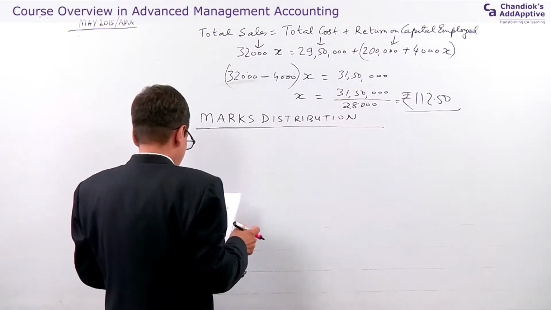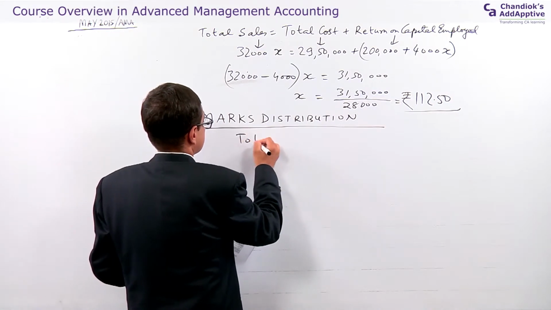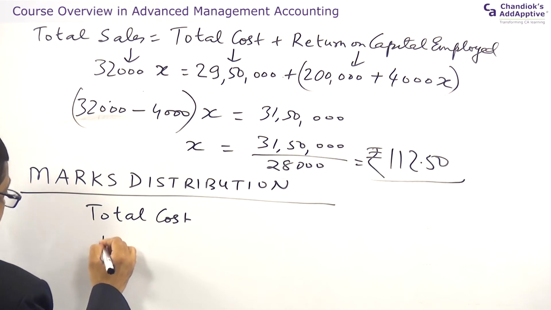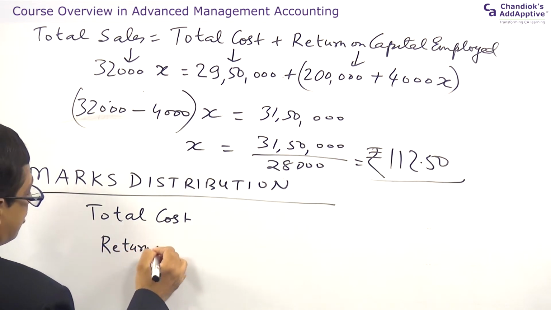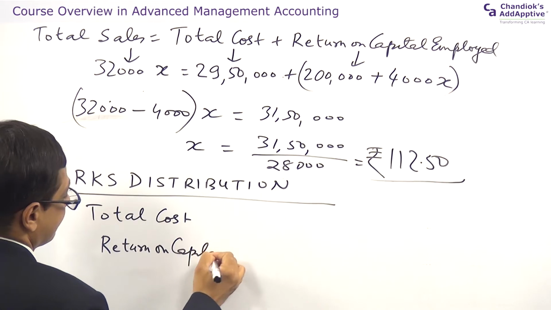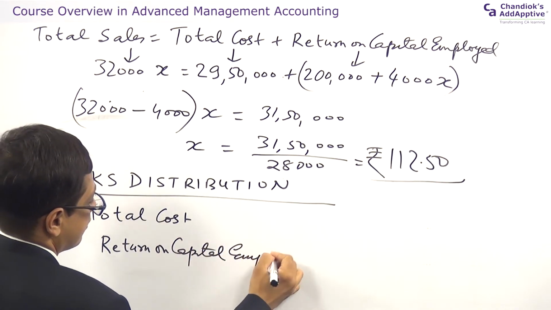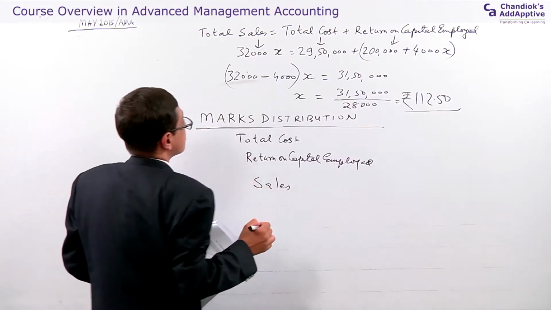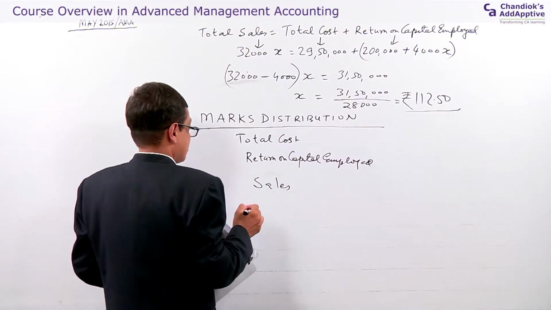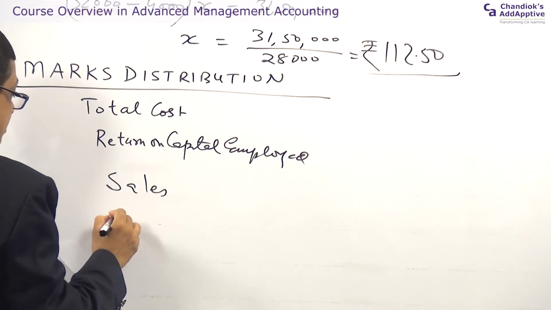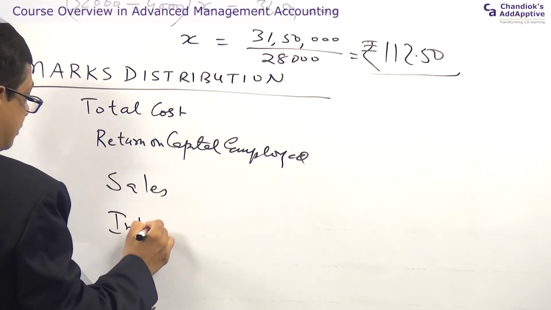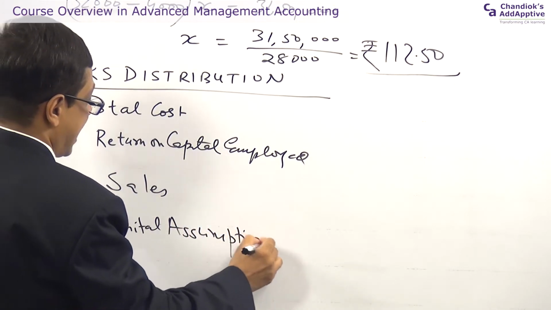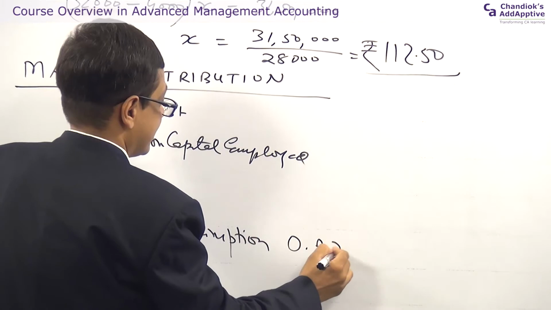You must notice there was total cost, return on capital employed, sales, and the initial assumption that sales is 0.8x.